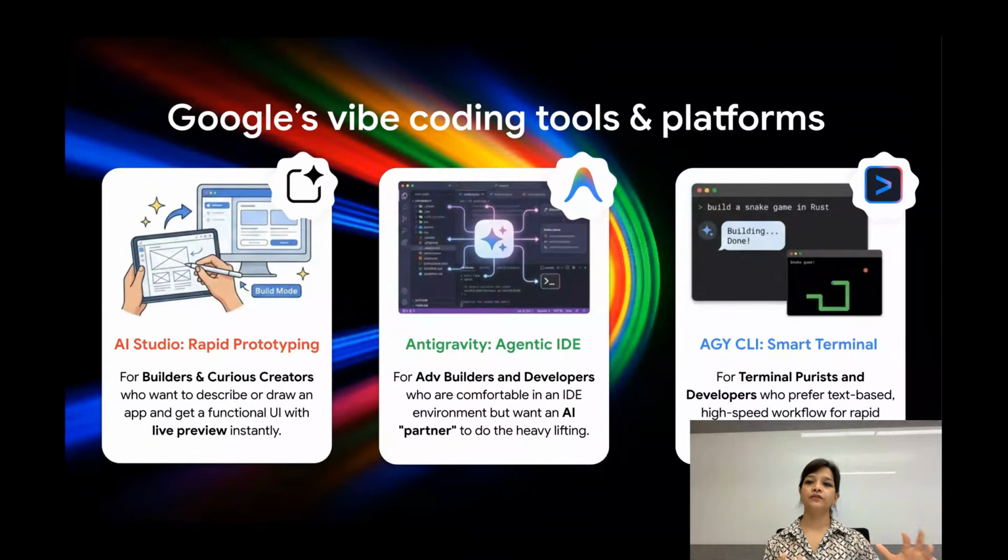It's just that if you don't know where to start, and this is the first time you're hearing about these things, and you're trying to get some rapid prototypes and agentic applications built on top of each other, just keep it very simple and straightforward to make your life easier. Use AI Studio for rapid prototyping. These are for builders and curious creators who want to just get started with a drawing, or a flow diagram, or just a simple natural language description to get their app into a functional live preview instantly.